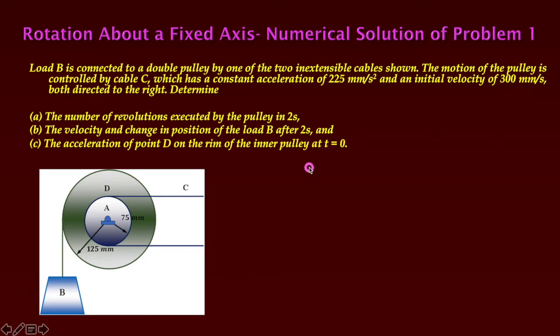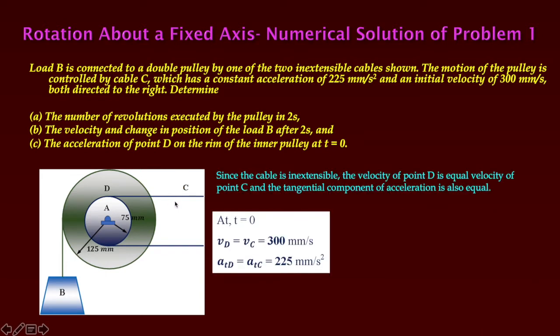To solve any numerical, what is our first step? Write down the given data. So what is the given data? For this point D, at t0, t0 meaning initially, the velocity is 300 millimeter per second, as is given here.